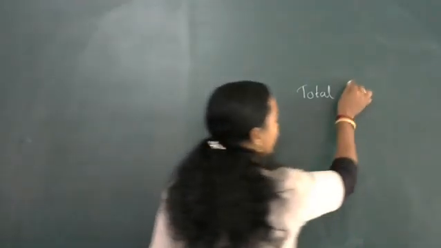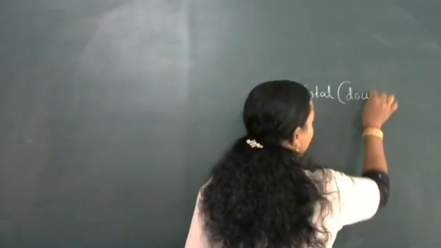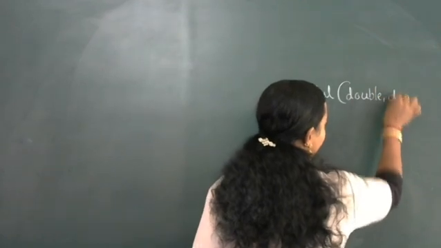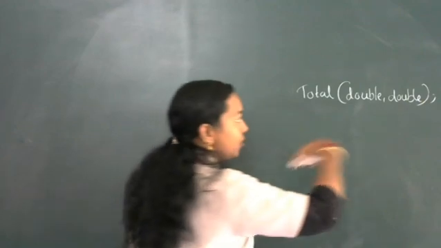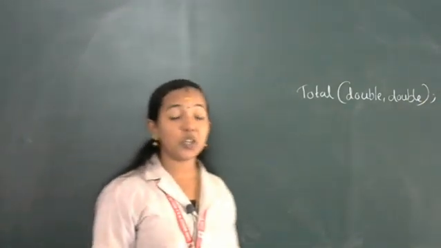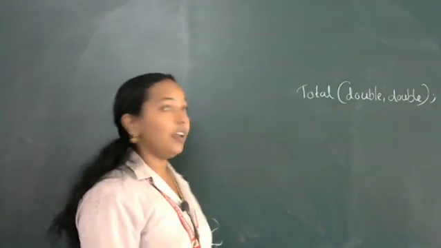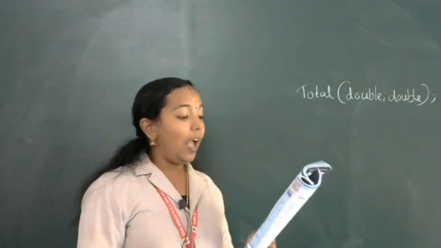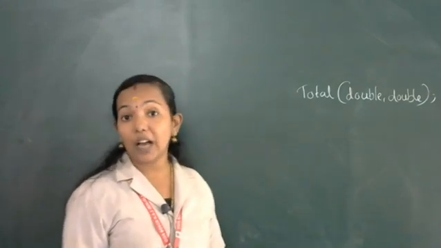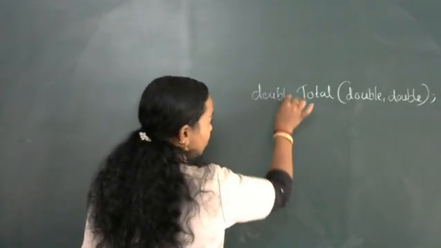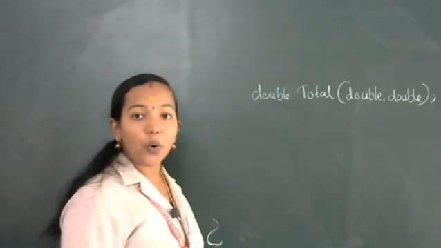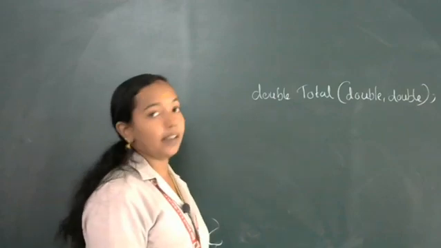So here we use two arguments, both double: double comma double. Then every declaration statement or function declaration ends with a semicolon. Then one more is present: it returns a double value. So what will be the return type? Double. So this is the function prototype for the total function.